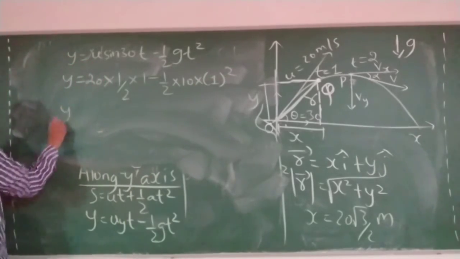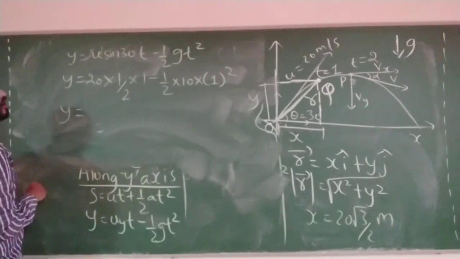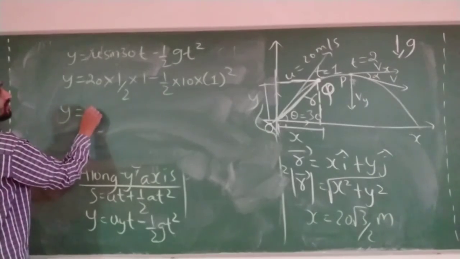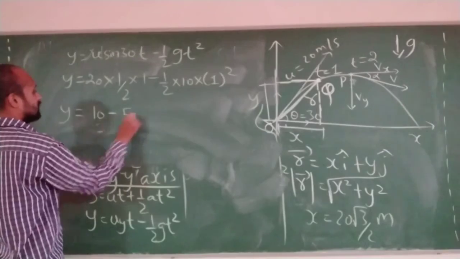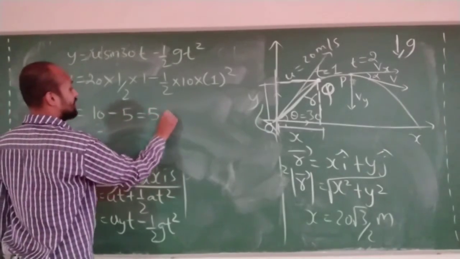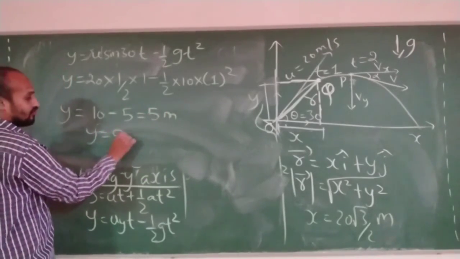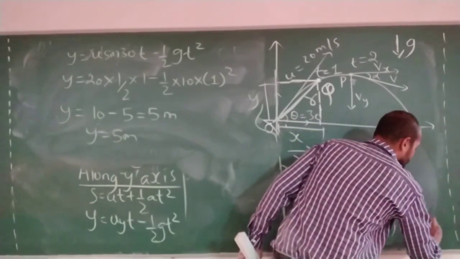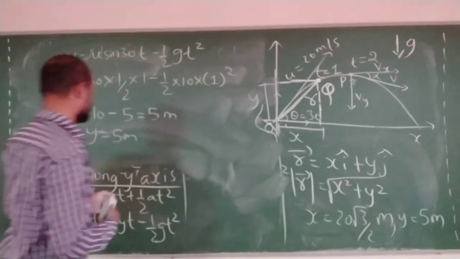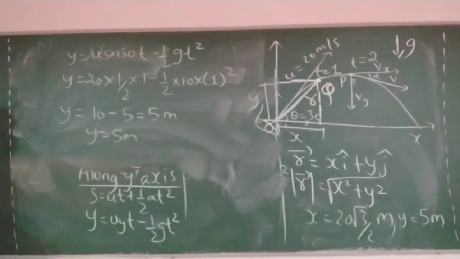Y is equal to 10 minus 5, which is 5. Y is equal to 5 meter.